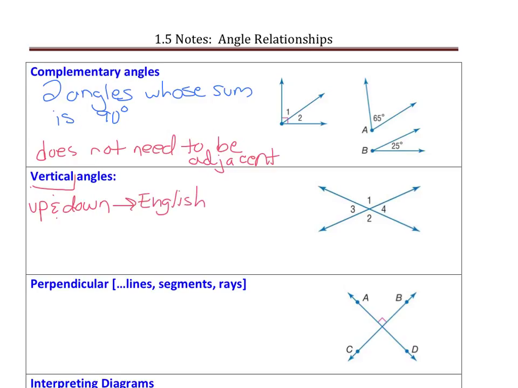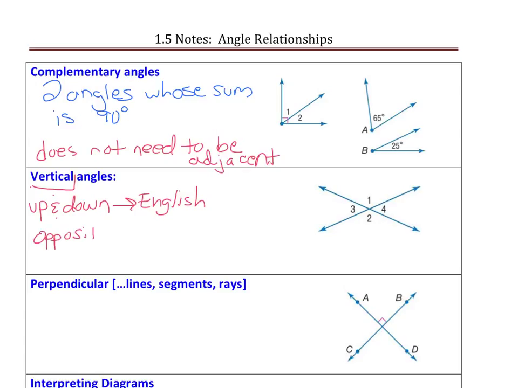The problem is, in geometry, vertical does not mean up and down. So vertical in geometry is talking about angles that are opposite each other. They are, in other words, not adjacent angles. They're opposite angles that are formed by intersecting lines.